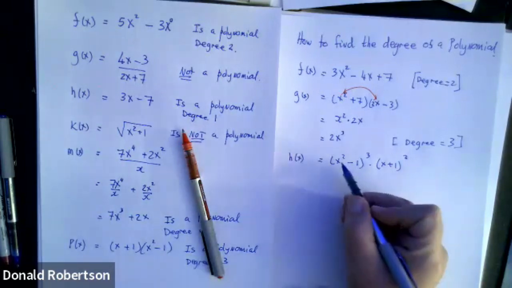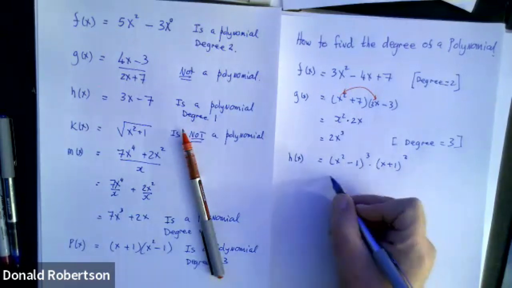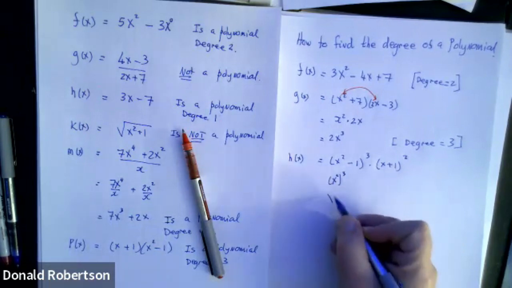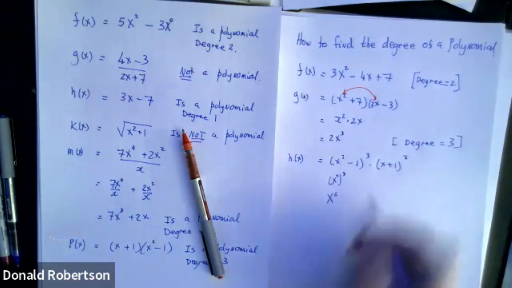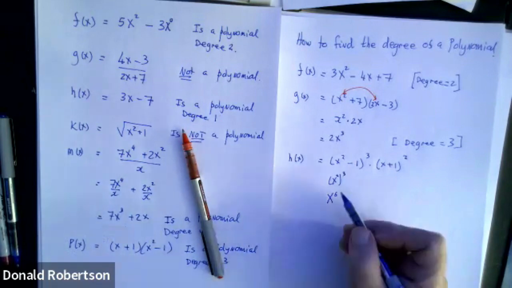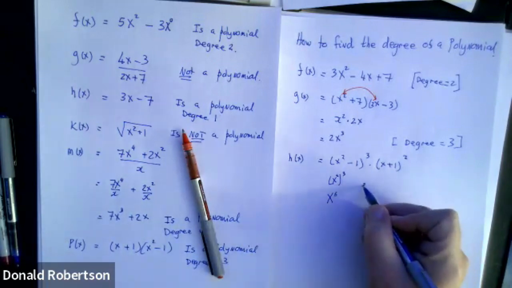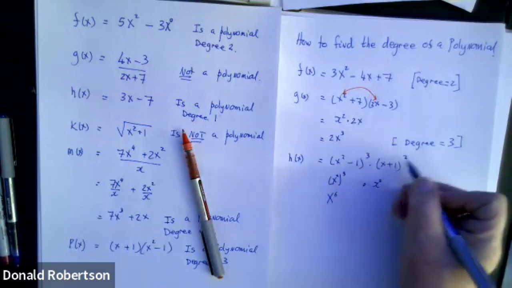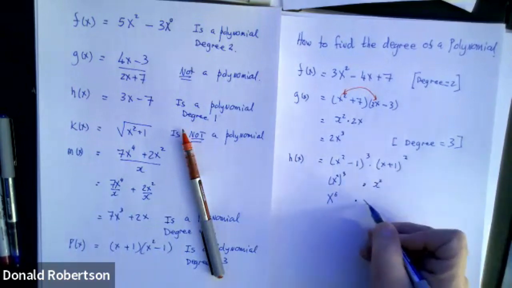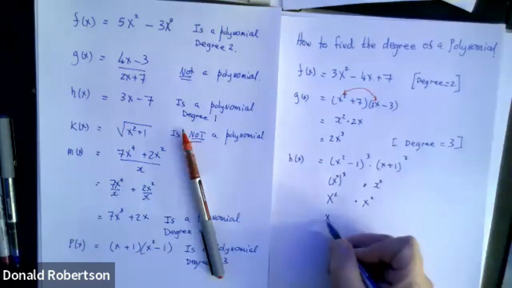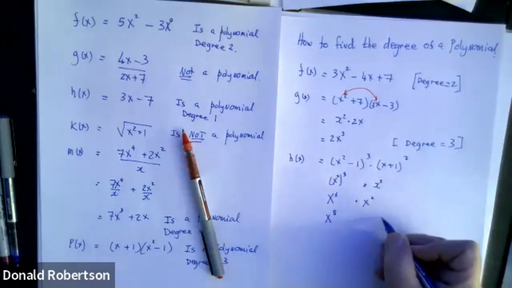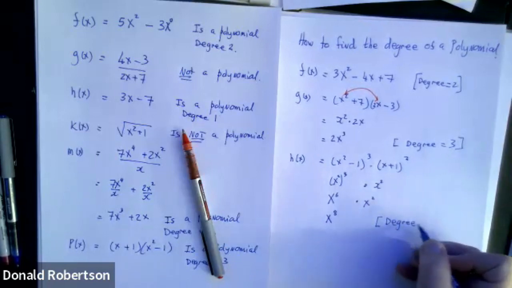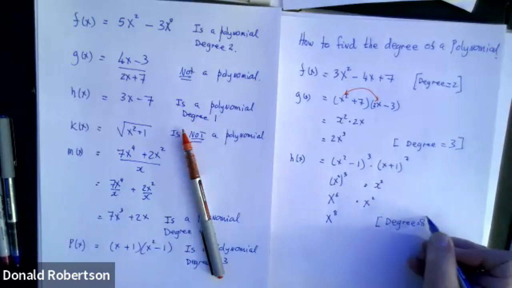Well, what I would do is say, look, (x squared) cubed is going to get you an x to the 6 and a whole load of other stuff, which I don't care about because they're going to have a smaller power than that. And (x plus 1) squared is going to get me an x squared. And so what we're going to get here is basically an x to the 8. So our polynomial is going to be degree 8.